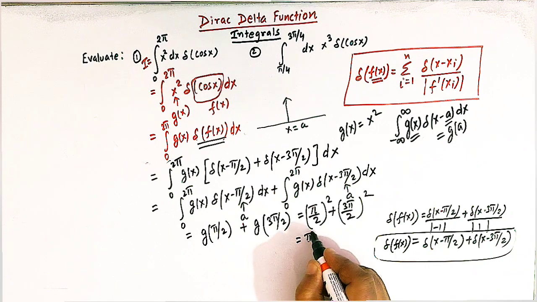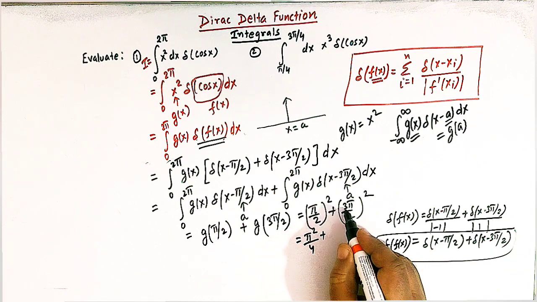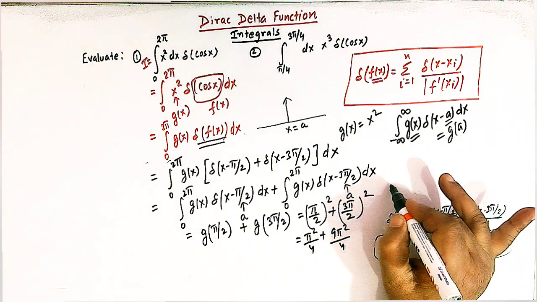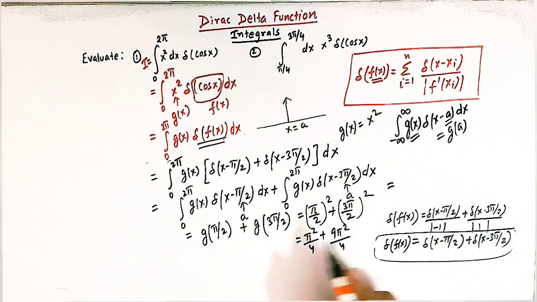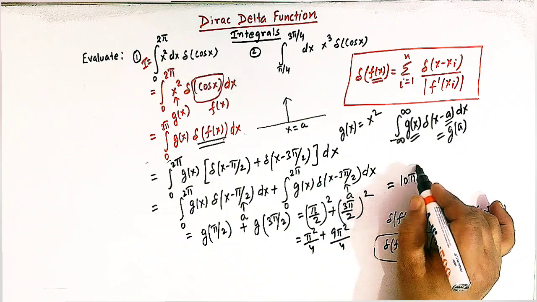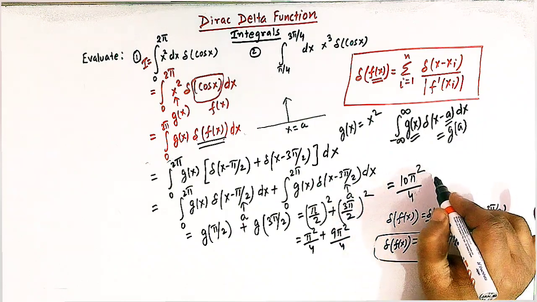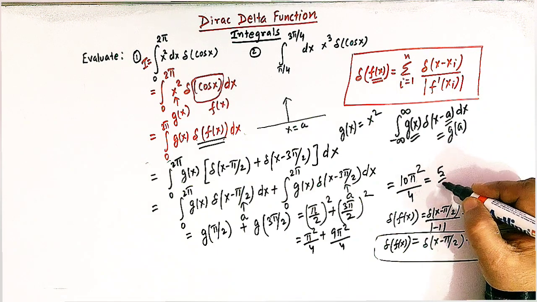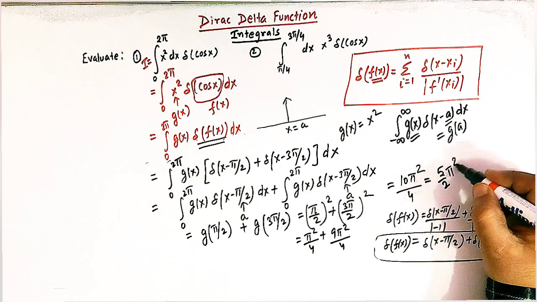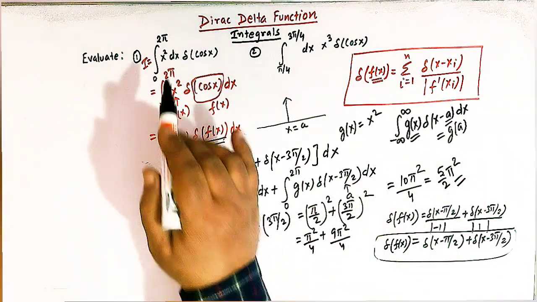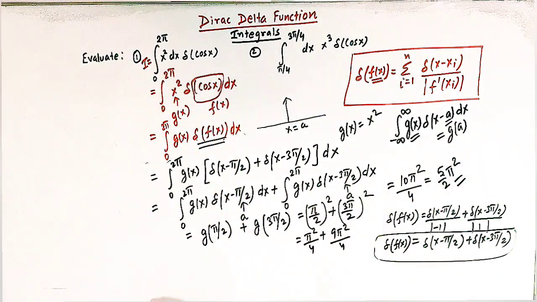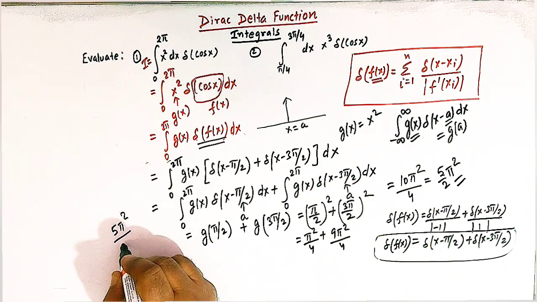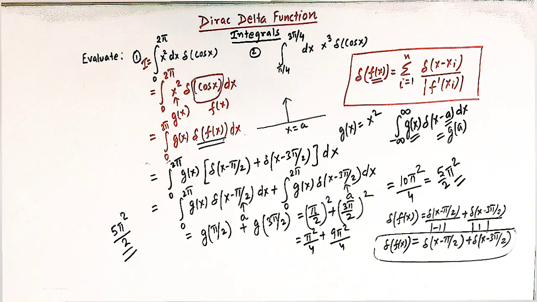So this is pi square over 4, and this is 9 pi square over 4. Now 9 plus 1 is 10, so we have 10 pi square over 4, which is equal to 5 pi square over 2. So the value of this integral is given by 5 pi square over 2.